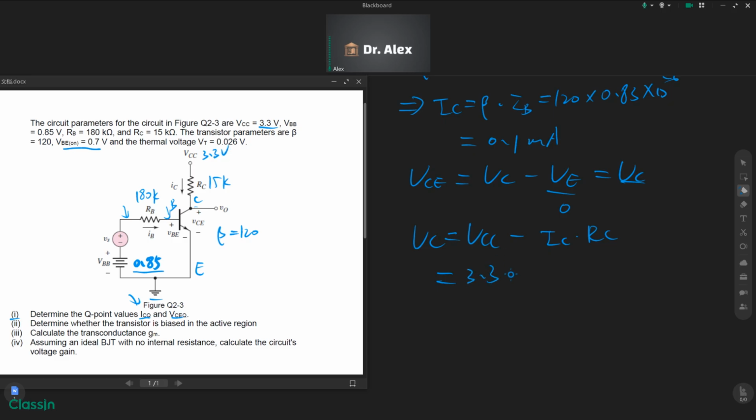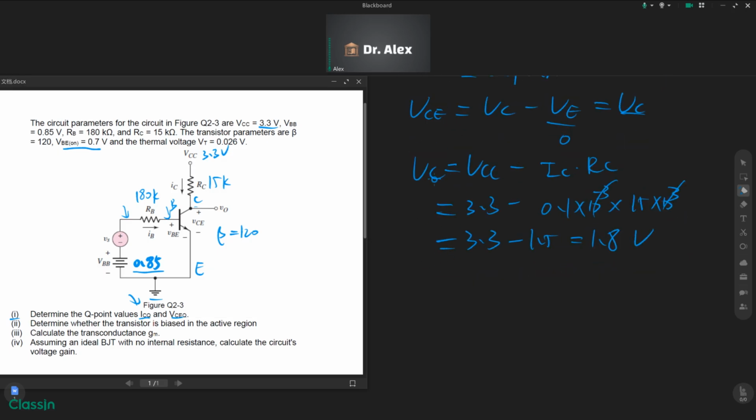So 3.3 subtract 0.1 milli times 15 kilo. Milli is removed by the kilo, so it is 3.3 subtract 1.5, which is 1.8 volts. So now we get the value of VCE, which is 1.8 volts.